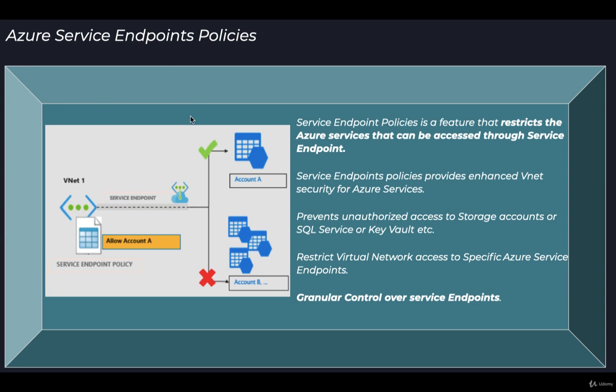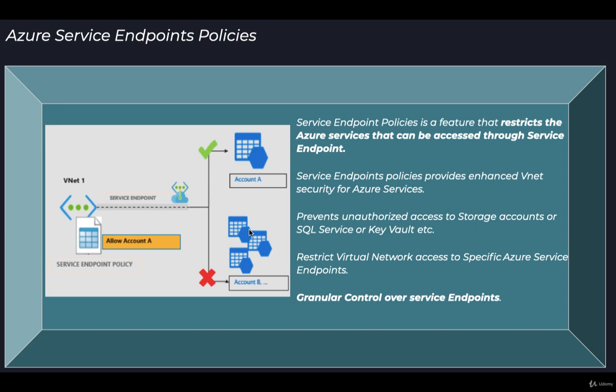If you are using the storage endpoint, then even though the data will transfer using the Azure backbone with no exposure to the internet, the other problem is that the application installed on that VM will have access to all the storage accounts.